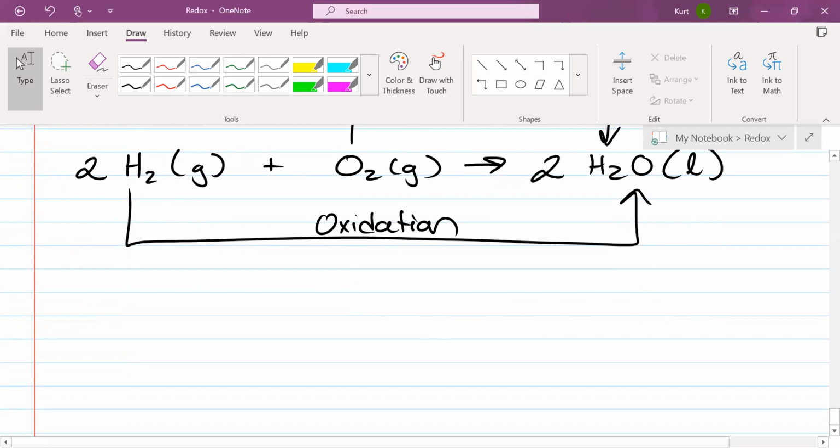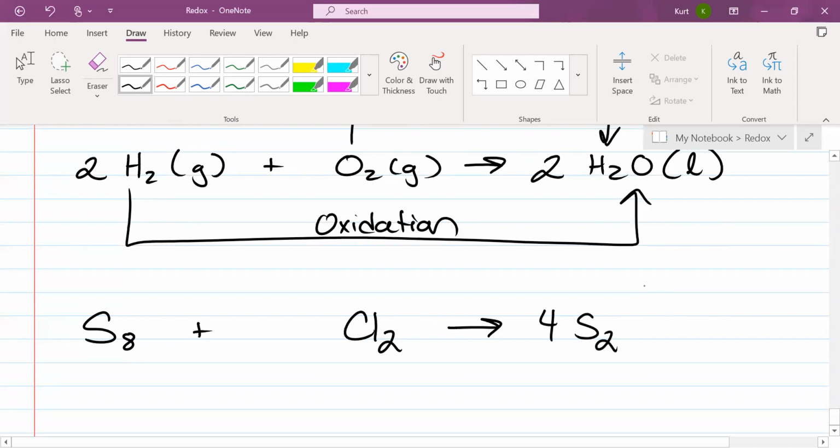All right, let me see if I can think of one more for you guys. Sulfur. Okay, here we go. Which is more electronegative, sulfur or chlorine? Which one is closer to fluorine?